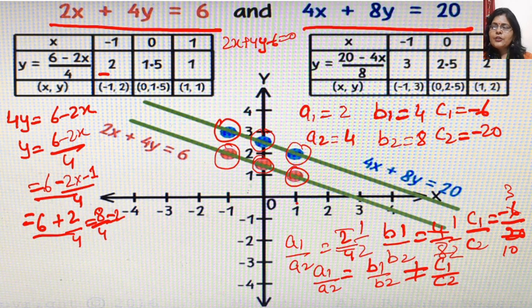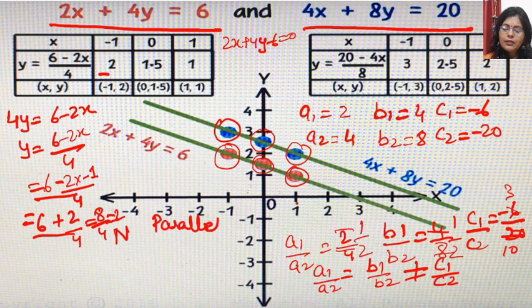If this type of condition arises, then we can say that this type of equation always has parallel lines, and you cannot have any solution over here. So it always has parallel lines and no solution. I hope you could understand what I am writing.